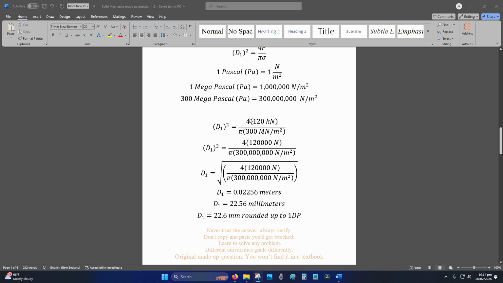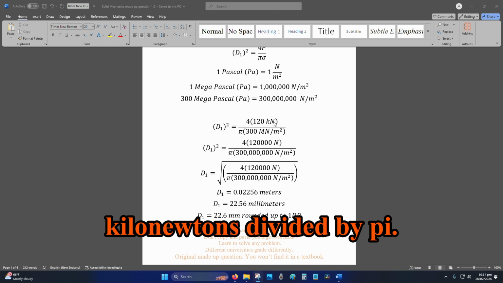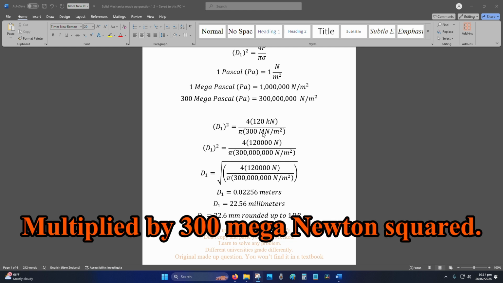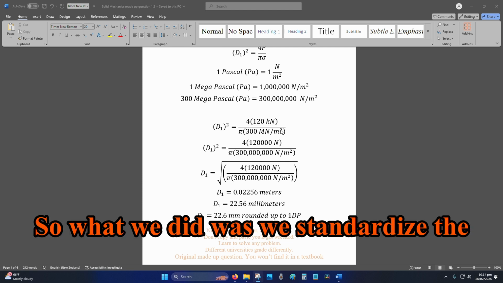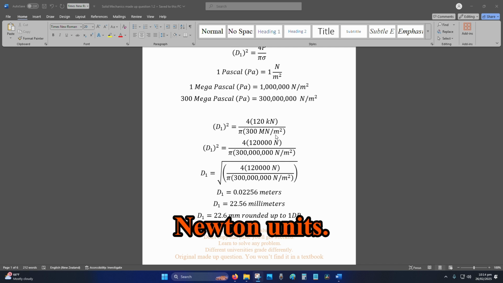So we start from 4 multiplied by 120 kilonewtons divided by pi multiplied by 300 mega Newtons per meter squared. So what we did was we standardized the units, so we made them all into single Newton units.